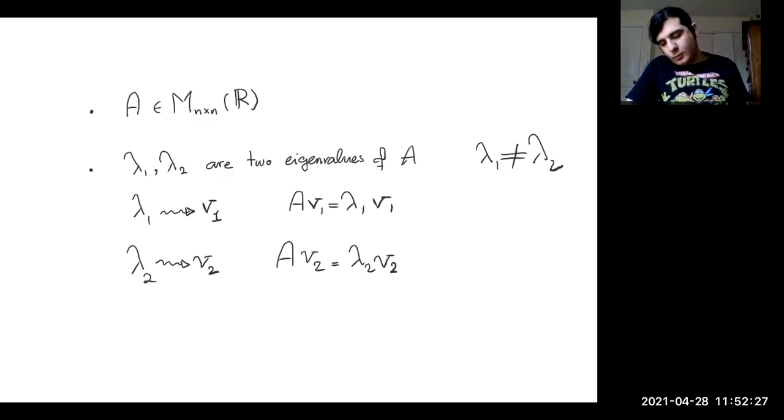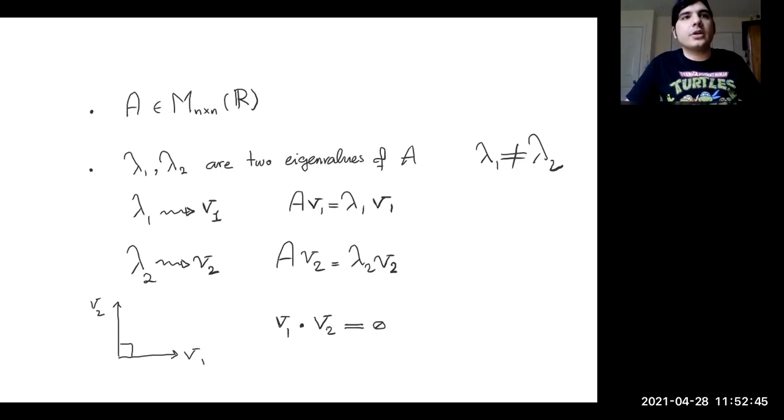Now, one simple thing is that these two vectors v1 and v2 end up being normal to each other. In other terms, the inner product of v1 and v2 is 0. So the eigenvectors corresponding to different eigenvalues will be normal to each other in this case.